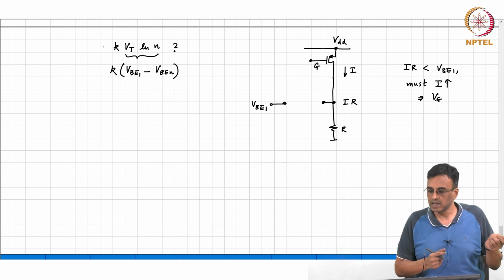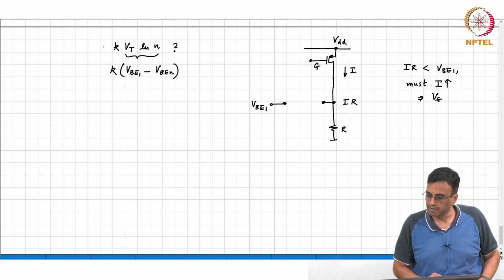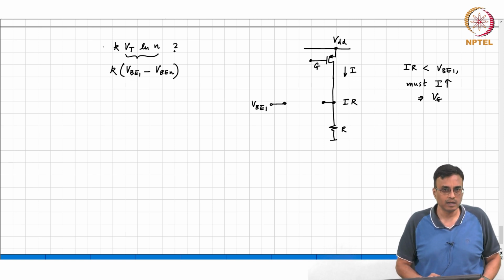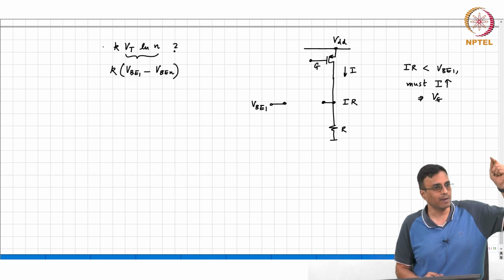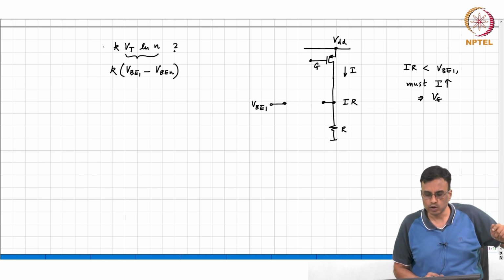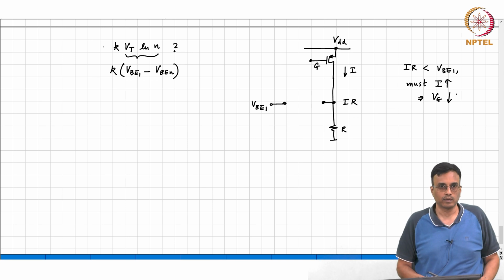If IR is less than Vbe1, it means that the current is too small, which means that VG is too high, and I must therefore reduce VG. So VG must reduce, okay, and vice versa.